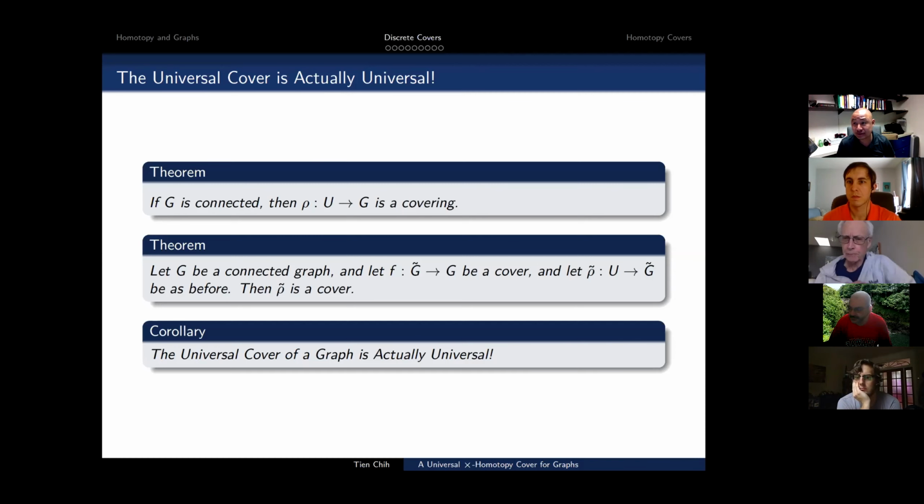What would it look like if you just had 2 cycles, maybe separated by something? What would the universal cover look like? The disconnected graph, you mean? No, like 2 cycles linked like this. Oh, okay. So I have a picture of this later in my slides, but you get something that's this weird fractal.